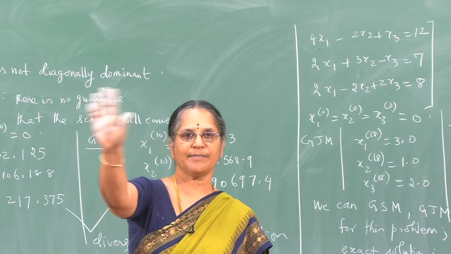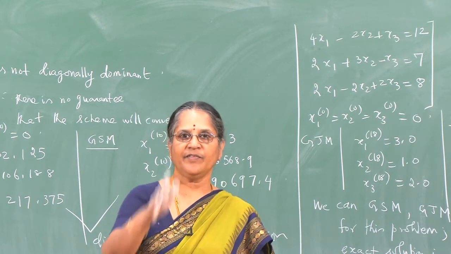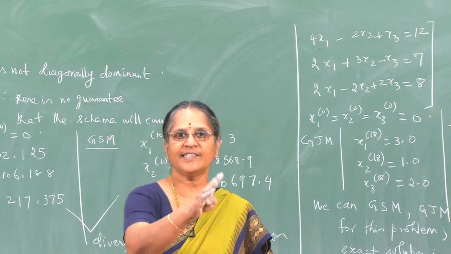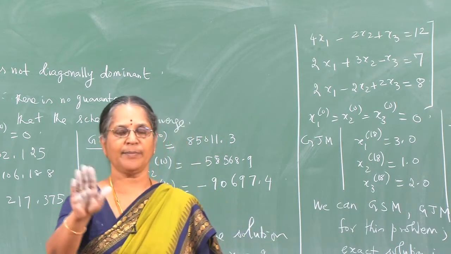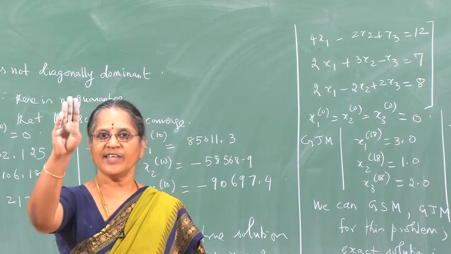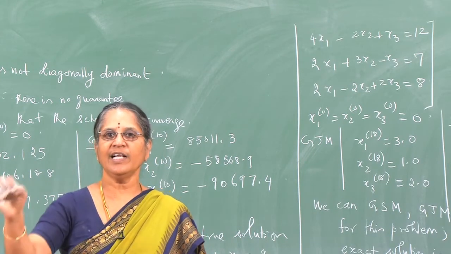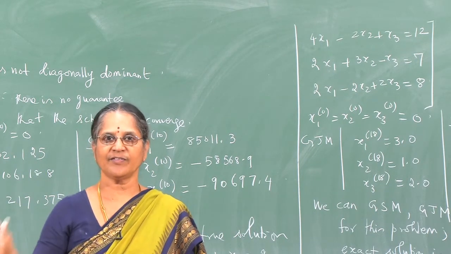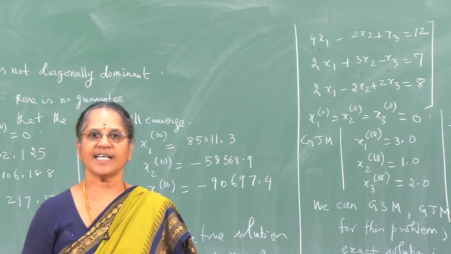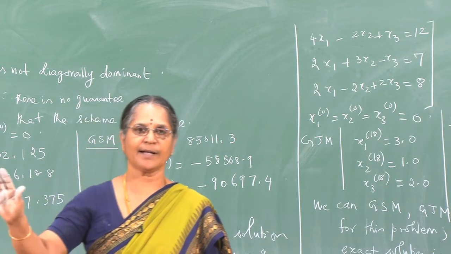Given a system Ax is equal to b, if the coefficient matrix A is strictly diagonally dominant, then the sequence of iterates generated by both the methods will converge to the solution of the system Ax is equal to b starting with any initial vector.